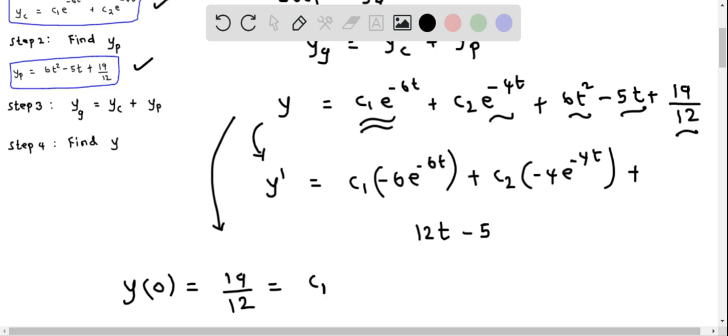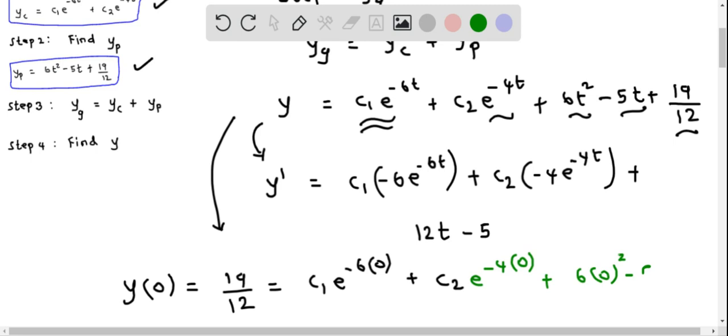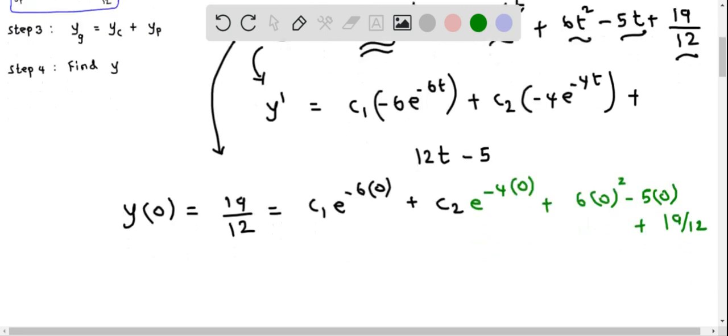So this becomes c1 e raised to the power of negative 6 times 0, plus c2 e raised to the power of negative 4 times 0, plus 6 times 0 squared, minus 5 times 0, plus 19 over 12. Now let's simplify this.